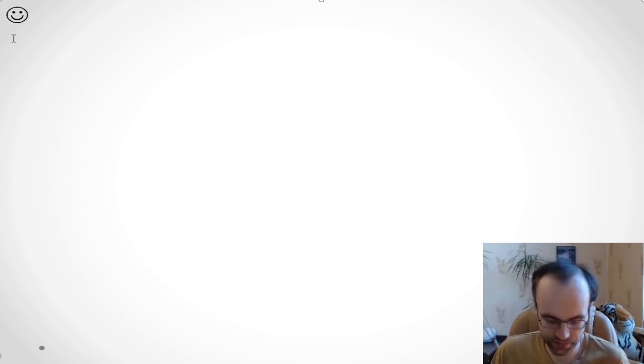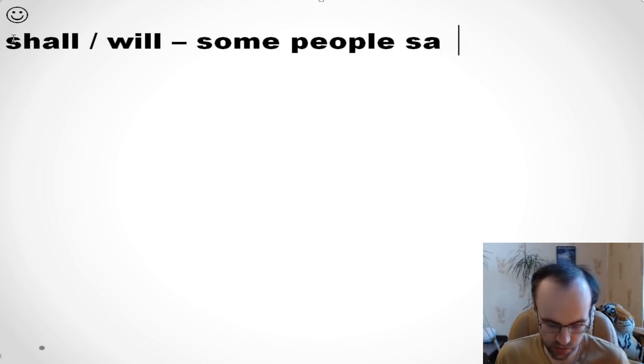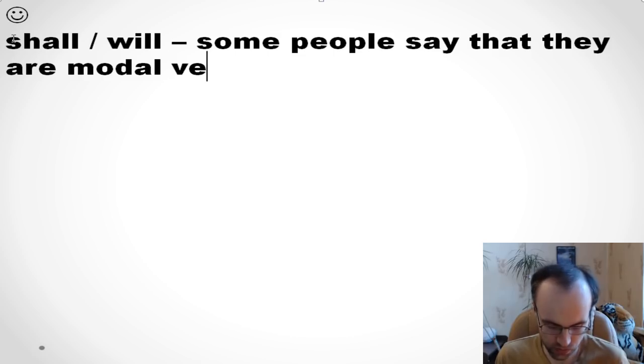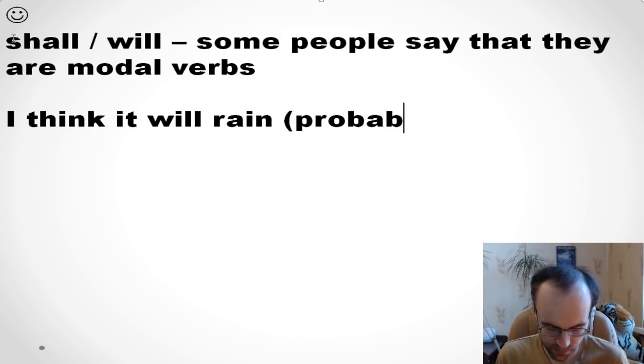And finally, let's talk about shall and will. Some people say that they're modal verbs. For example, I think it will rain. So it's about some probability.